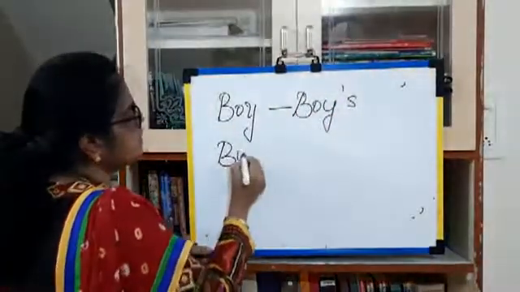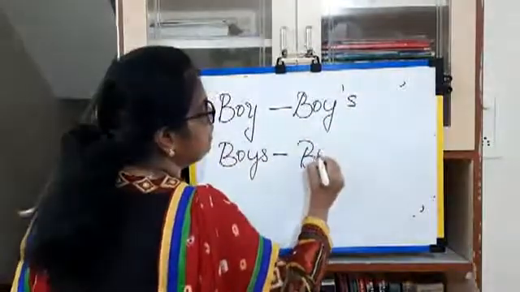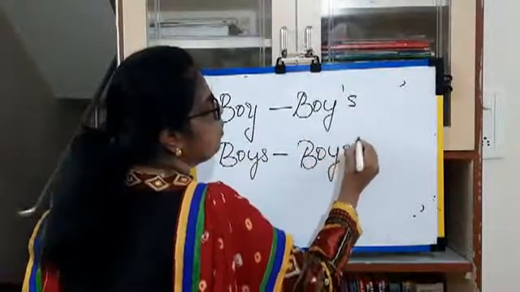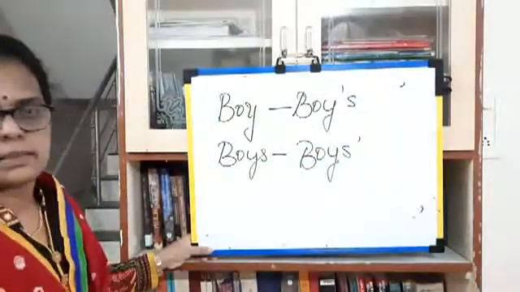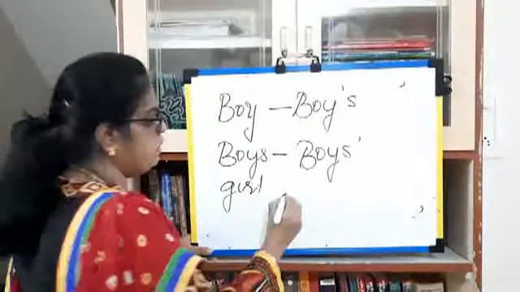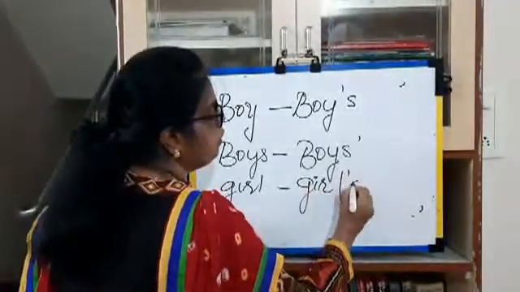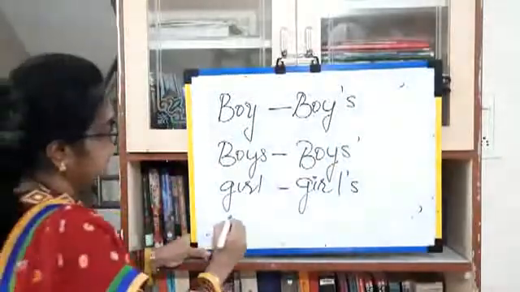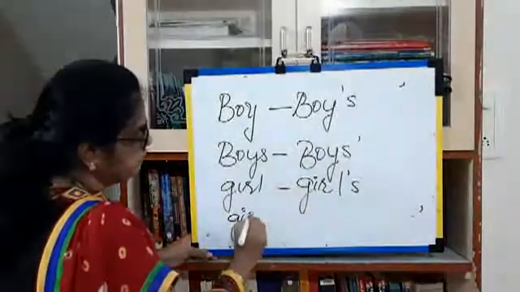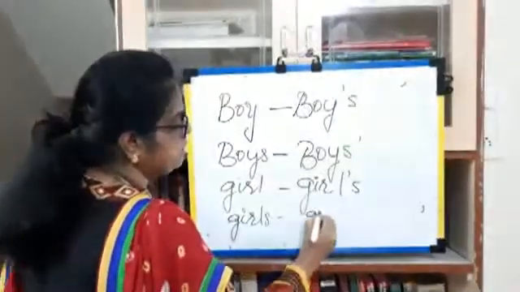But this one is plural. Where do we put it? Apostrophe. Boys, after the s. Girl, this is a singular word, so we put it before the s. Girls, this is a plural word. Where do we put it?